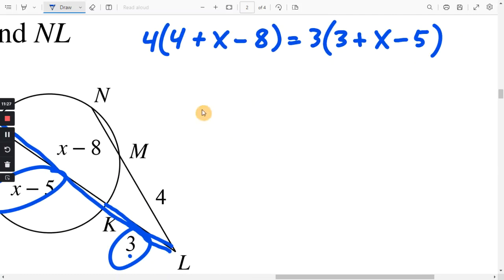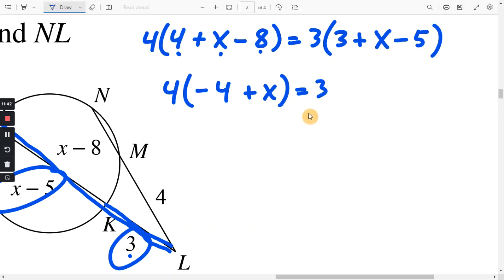All right, combine like terms inside parentheses. Keep the 4. Inside parentheses, 4 minus 8 is negative 4. And we still have positive x. And that equals 3. Inside parentheses, 3 minus 5 is negative 2. And we still have positive x.